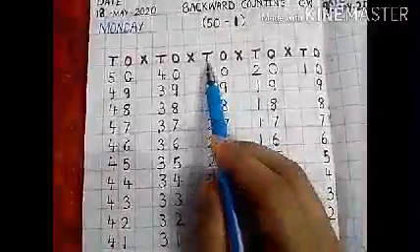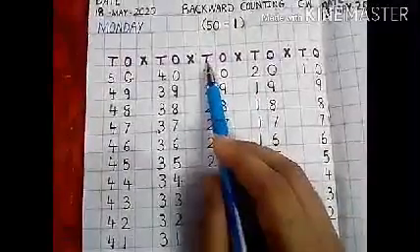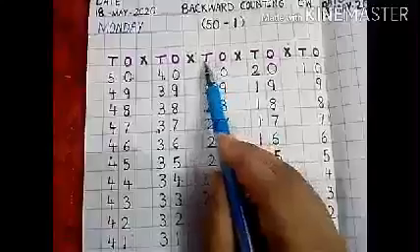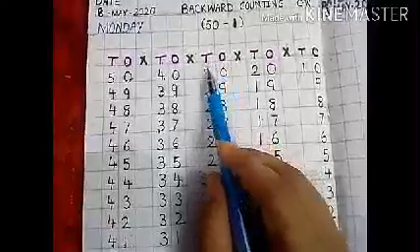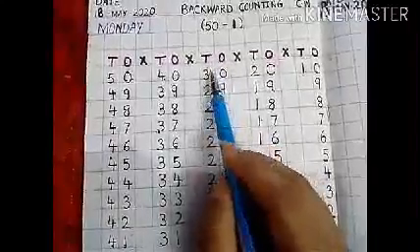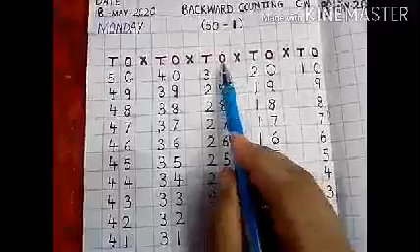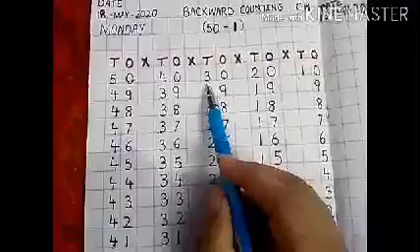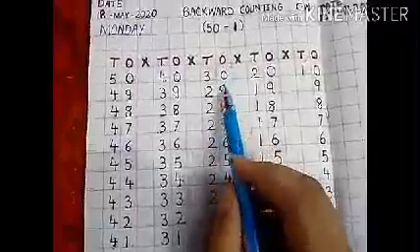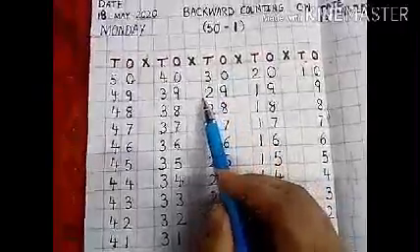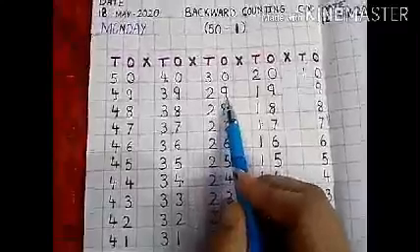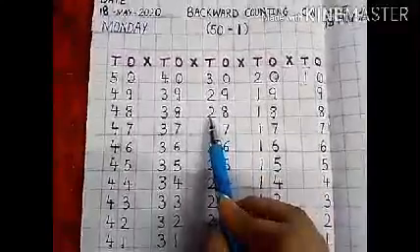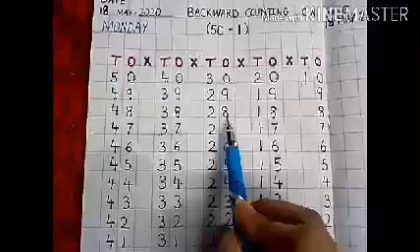Now come to the third line. Tens comes in the first column and ones comes in the second column. Below tens write 3 and below ones write 0. Then 2, 9, 29. Then 2, 8, 28.